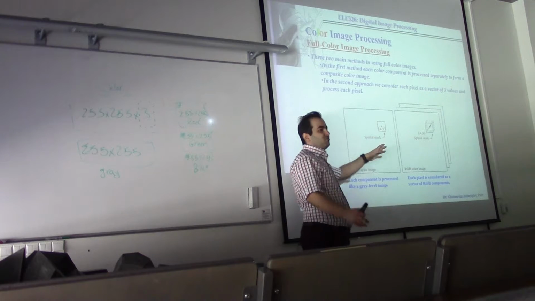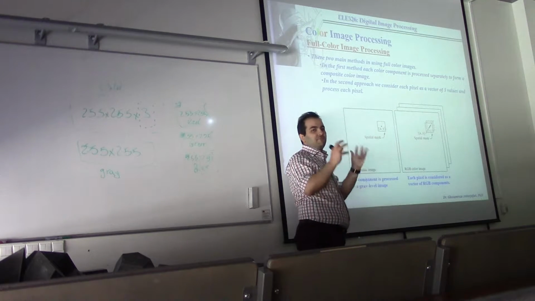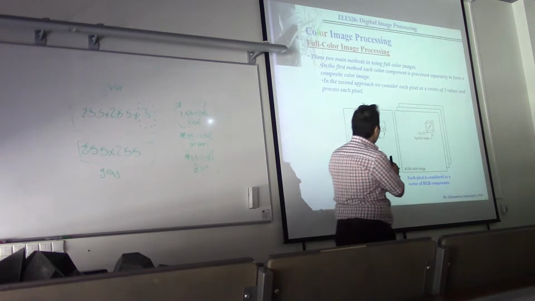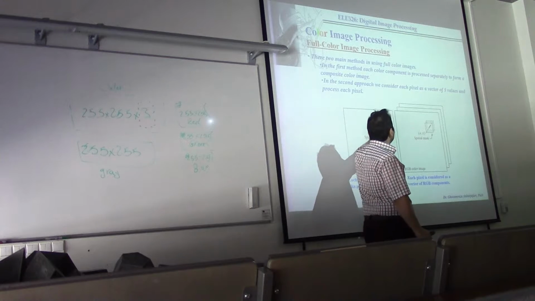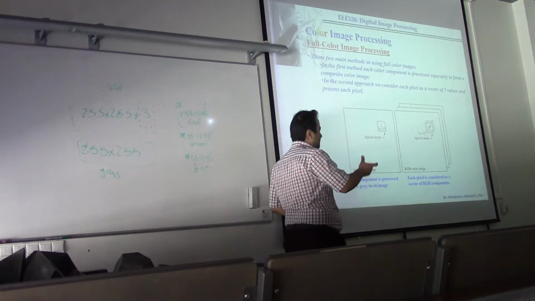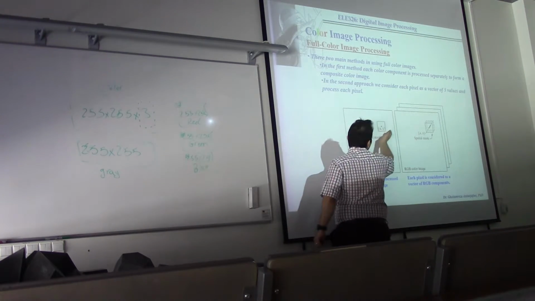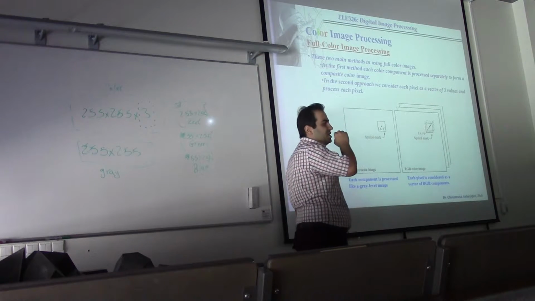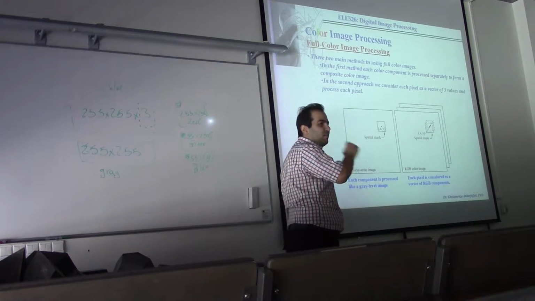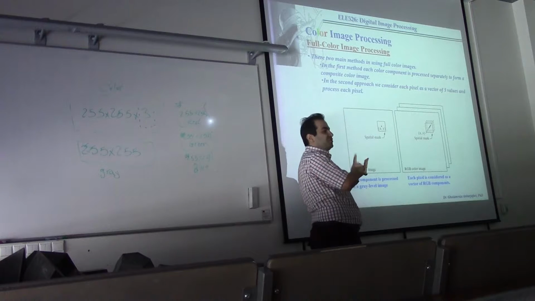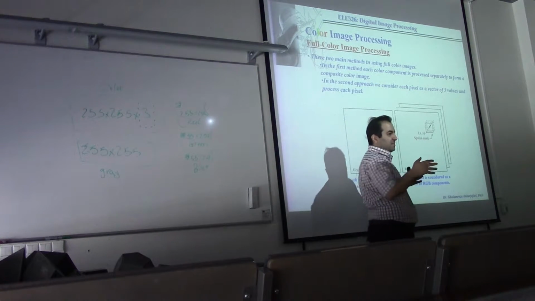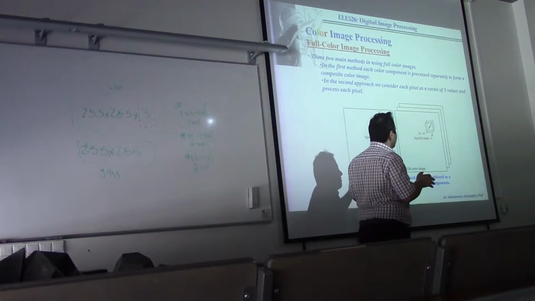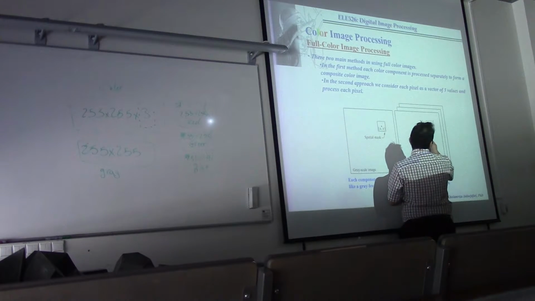For example, if you want to assign some mask or some filter for any reason, smoothing, sharpening, or something like this, you can apply a special mask to each component. It means that you apply it separately on R, G, and B.